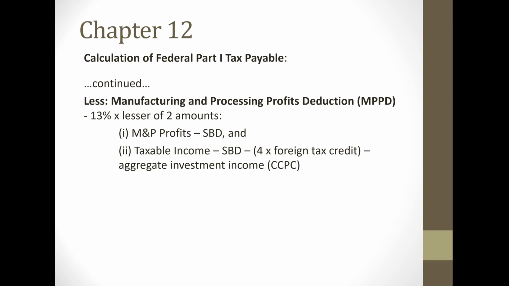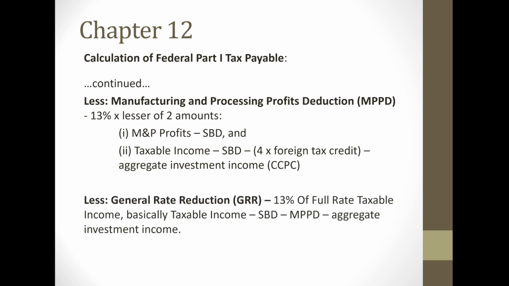Now, the next reduction is called the general rate reduction. Now, the general rate reduction is also a reduction of 13%, just like the manufacturing and processing profits deduction above. Now, for most companies that operate in Canada, the income that is subject to the manufacturing and processing profits deduction will also be subject to the general rate reduction.